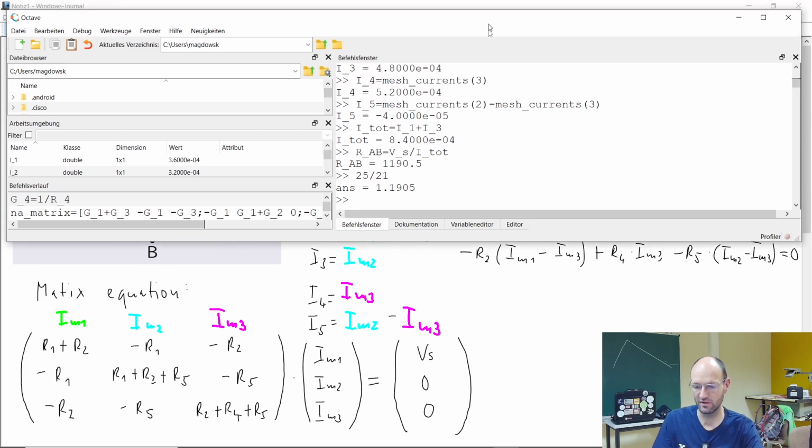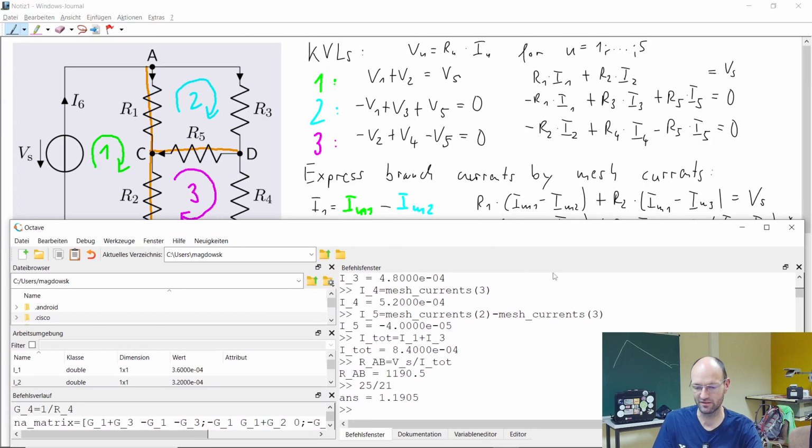This matrix would be called the incidence matrix, and it would just contain these factors that we have here. I will call this the B matrix. The B matrix would contain in the first line 1, -1, and 0, because we need the IM1 plus, the second current minus, and the last one 0 times.